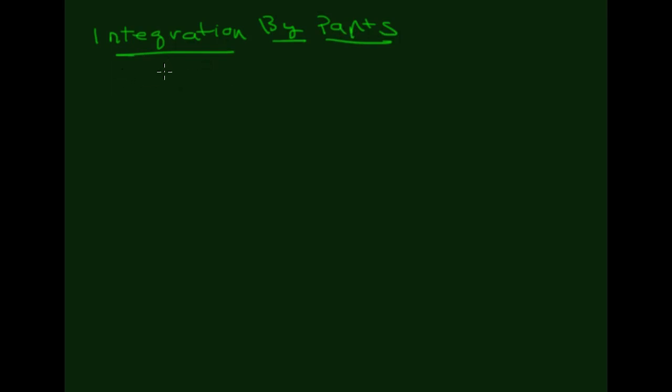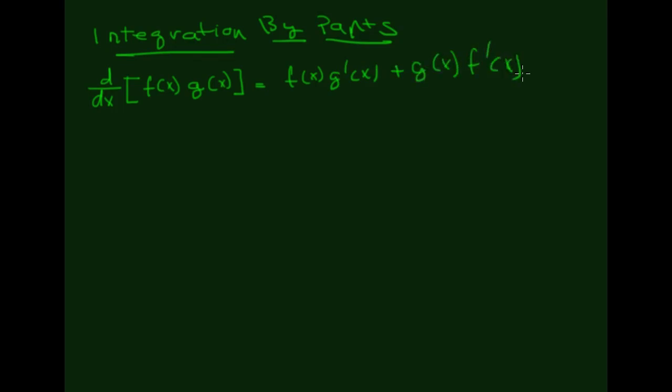What we're really doing here is we're undoing the product rule. So recall, if I take the derivative of f of x times g of x, that is first times the derivative of the second plus the second times the derivative of the first.